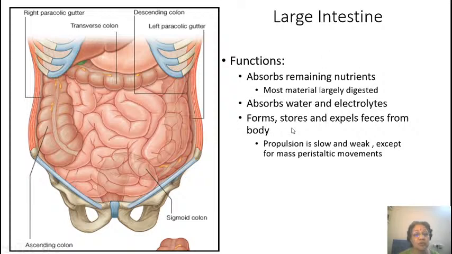It is stored. Now, by this time, peristalsis becomes much more sluggish and slow. Propulsion is weak, except for mass peristaltic movements. I'm hoping that at this time, physiology is parallelly taking digestive physiology. So you realize that there are three different types of movements for propulsion of the gut contents, right from swallowing in the mouth to anal action.